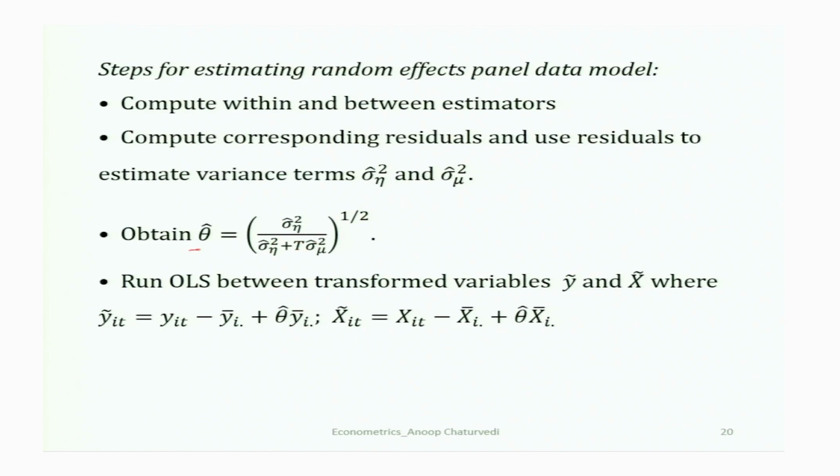So, you get a consistent estimator of theta, and then we run OLS between transformed variables y curl and x curl, where y curl_it is equal to y_it minus y bar_i. plus theta hat y bar_i., and x_it curl is equal to x_it minus x bar_i. plus theta hat x bar_i..